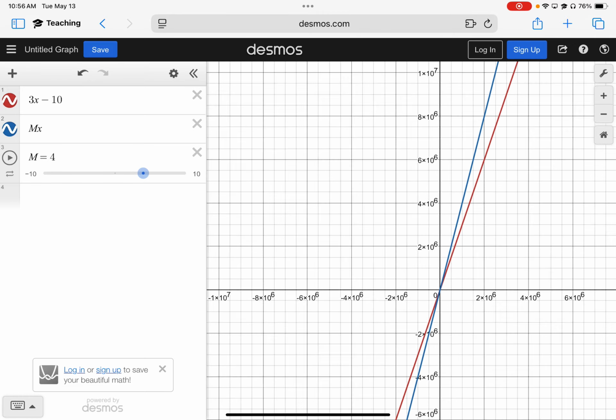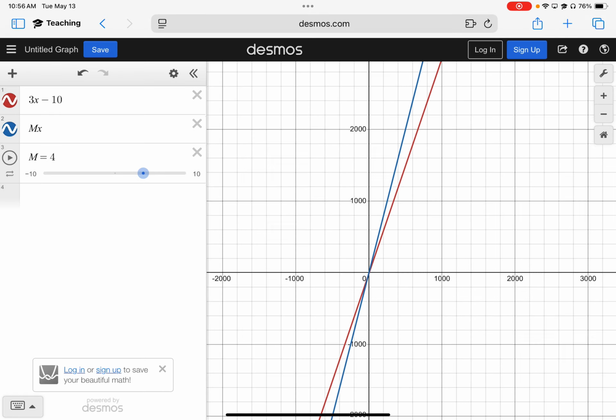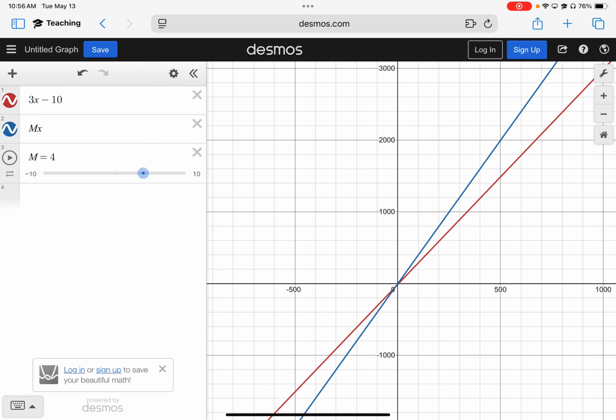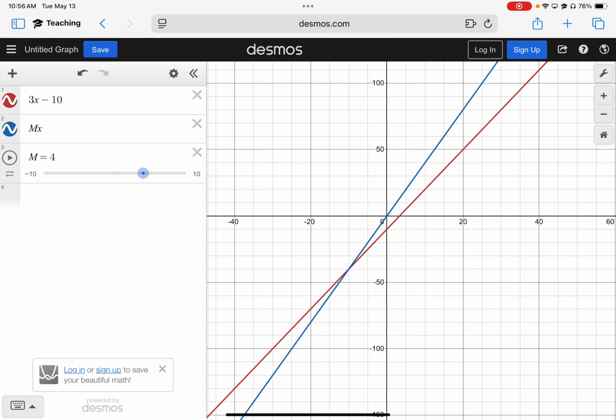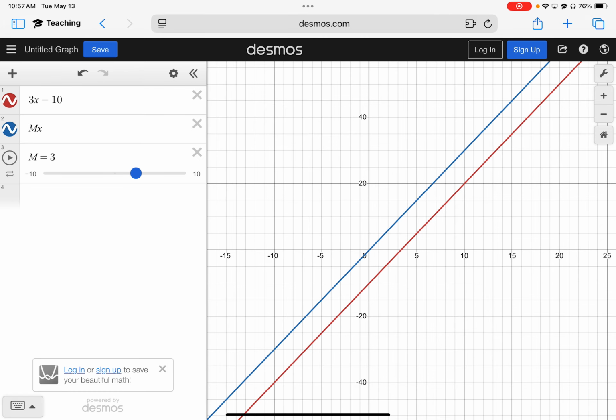Goes on like this forever. And that it starts being less than mx starting at some negative number. So if we were proving that 3x minus 10 is in big O of x, we choose n naught equal to 0 and m equal to 4. Of course, many different values of n naught and m are valid.